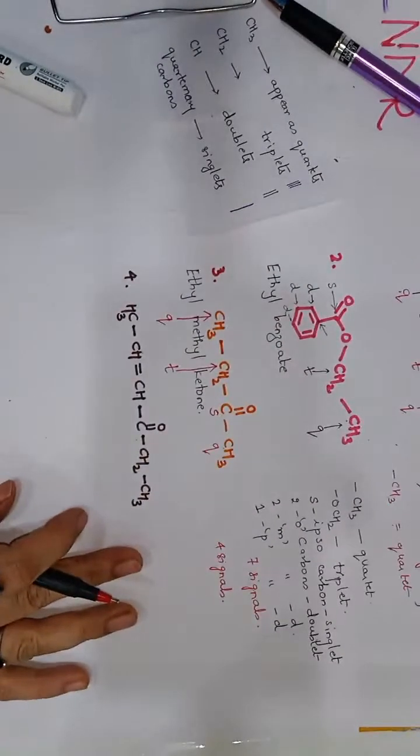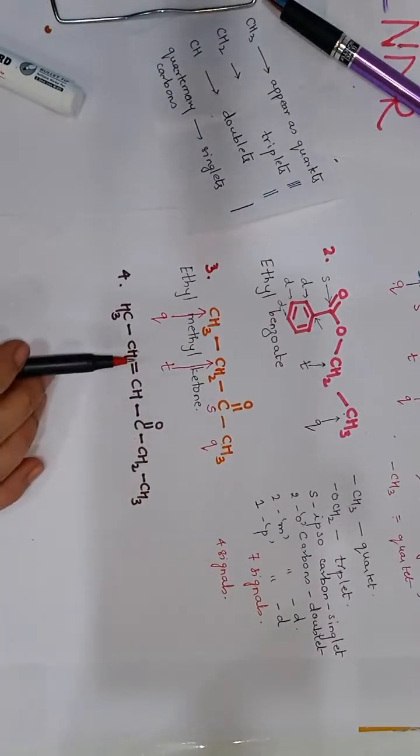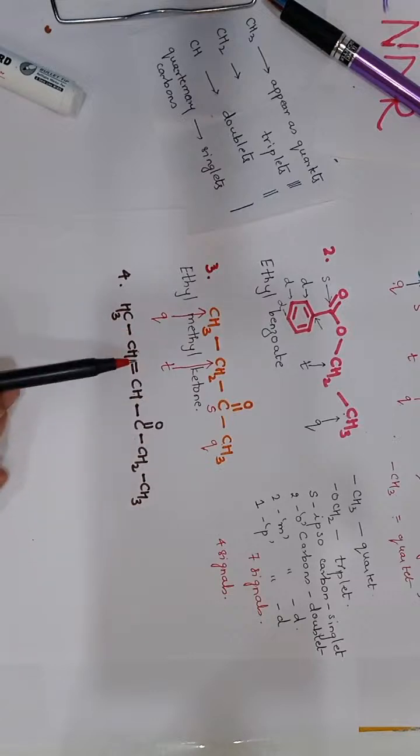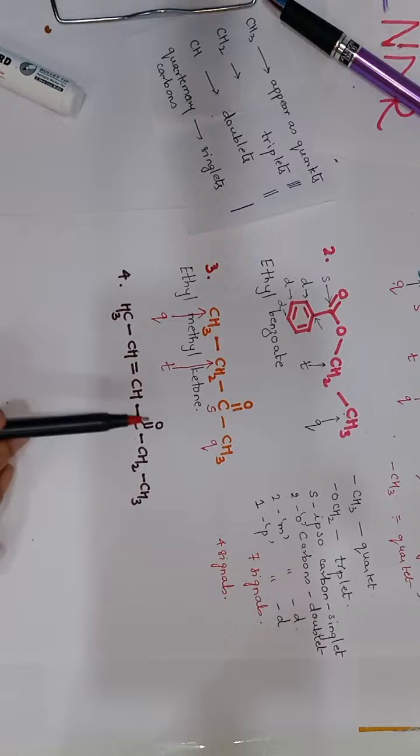The next one, let us first write down its name. This is a double bond over here. It is an alkene along with a carbonyl group, an ester.